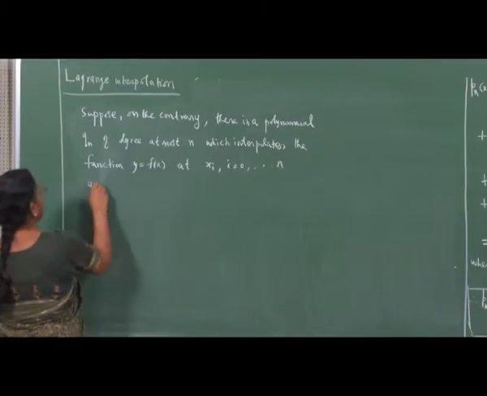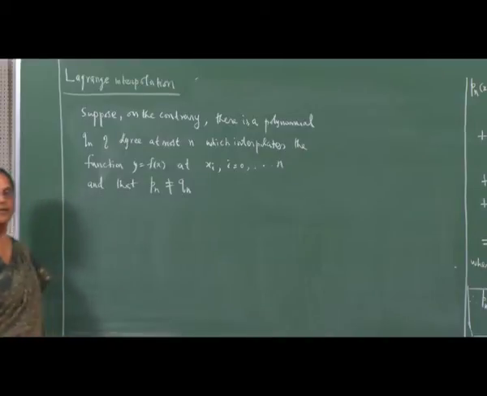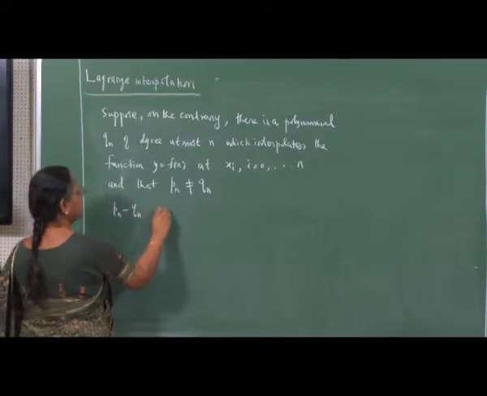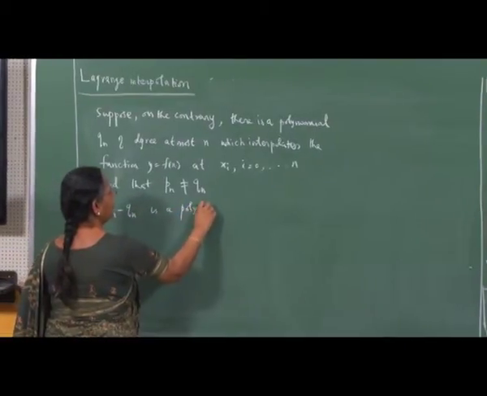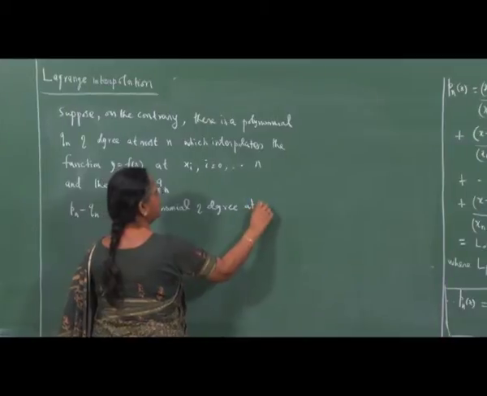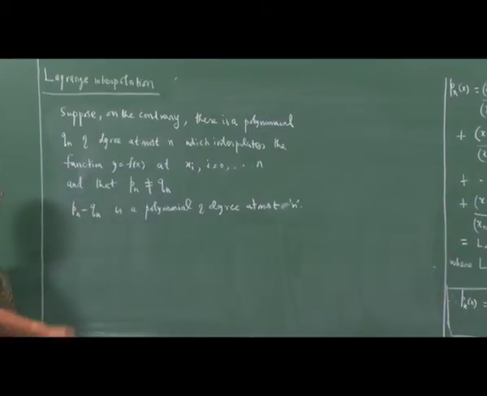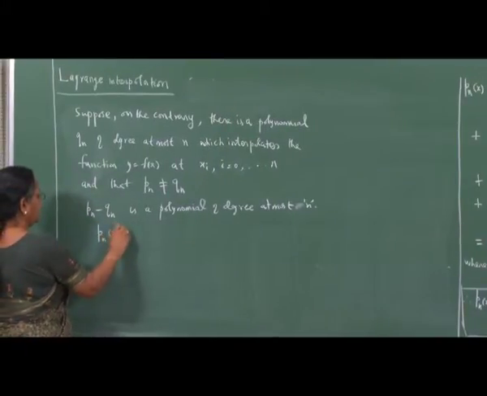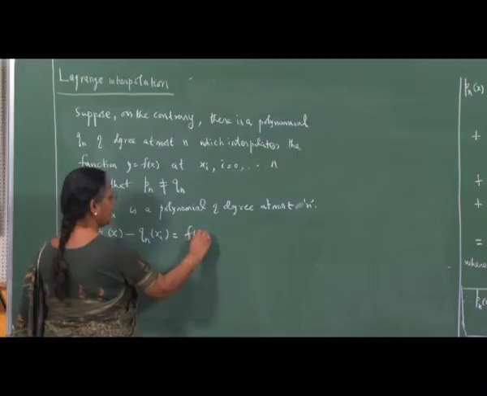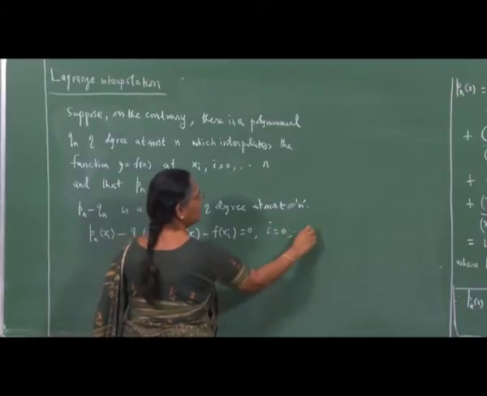and that Pn is different from Qn. Then we observe that Pn minus Qn is a polynomial of degree at most n, and in addition Pn of xi minus Qn of xi is f of xi minus f of xi, which is 0 for i is equal to 0, 1, 2, 3 up to n.